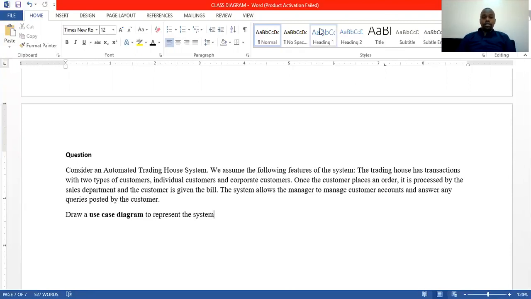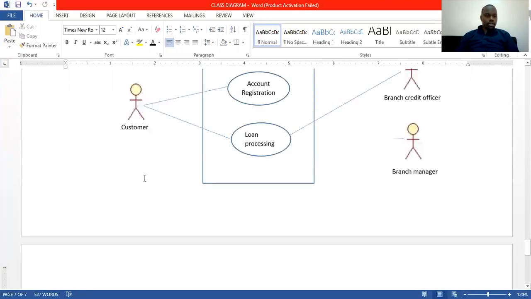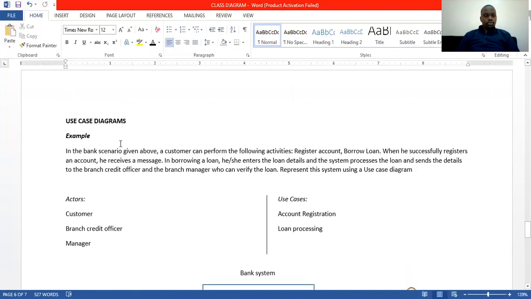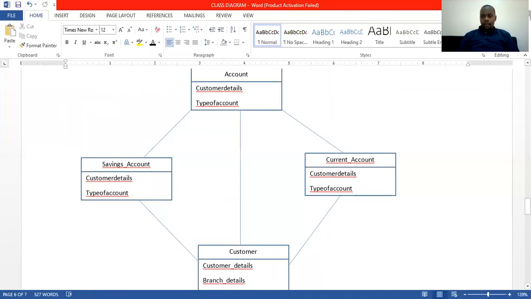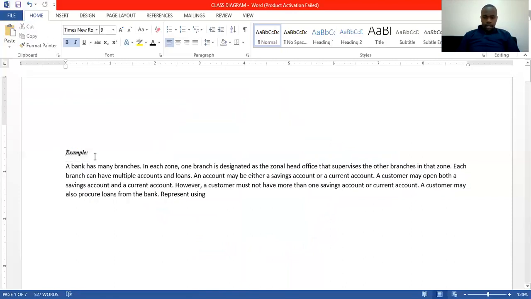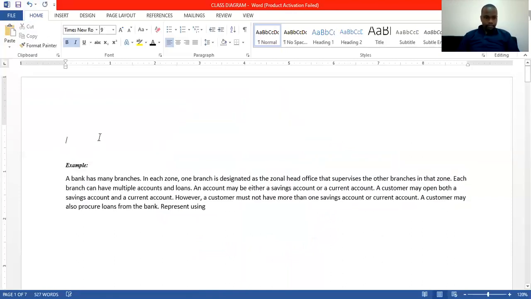Now I'm going to put this in the group. I'm going to post the same document. It has the use case diagrams and everything.